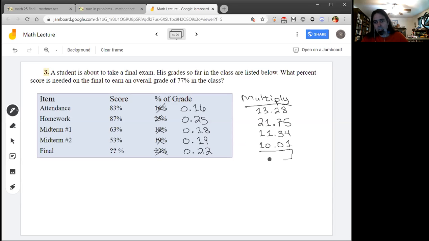And then there's going to be some final one that's something times 0.22, and I don't know what that is. And when I'm all done, I want those to add up to the 77%.